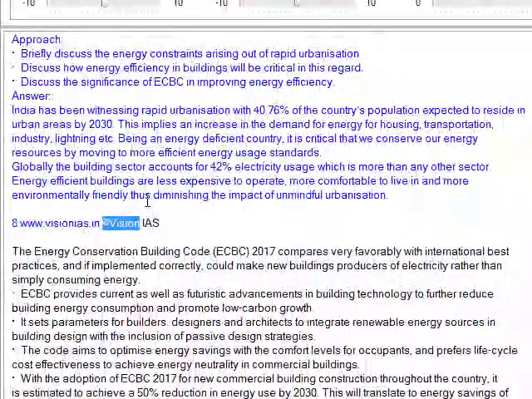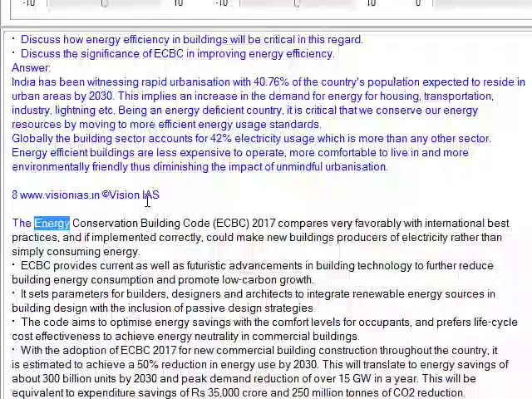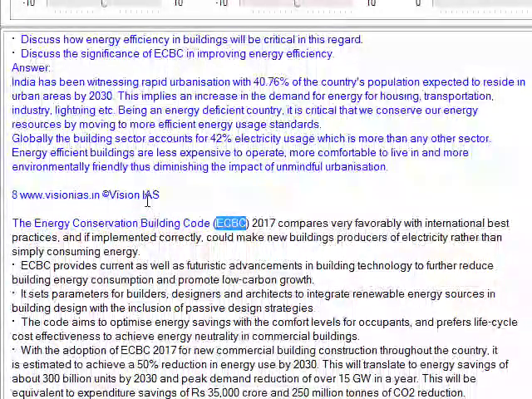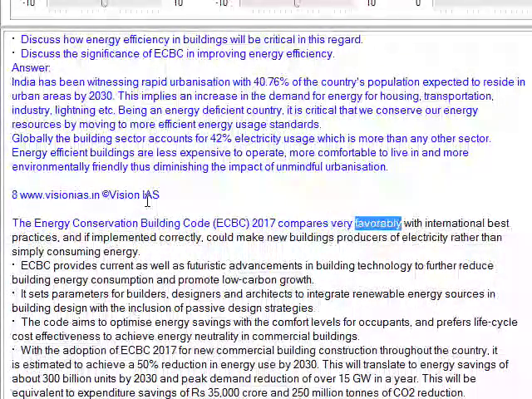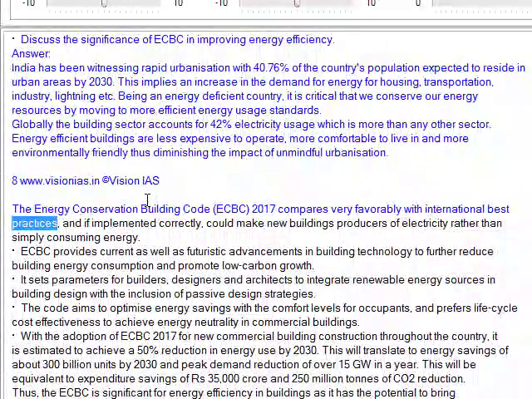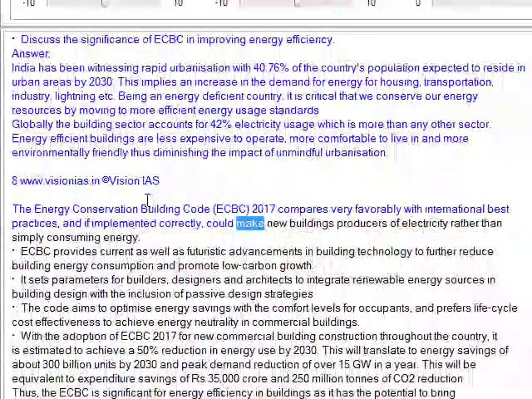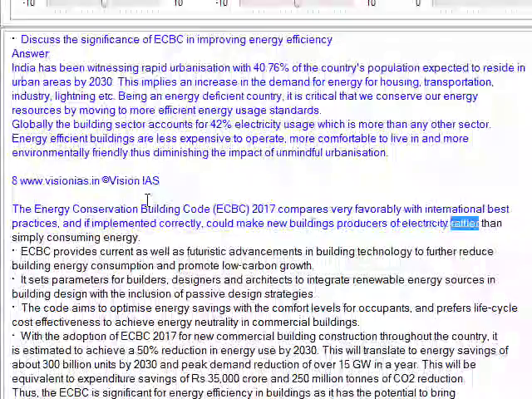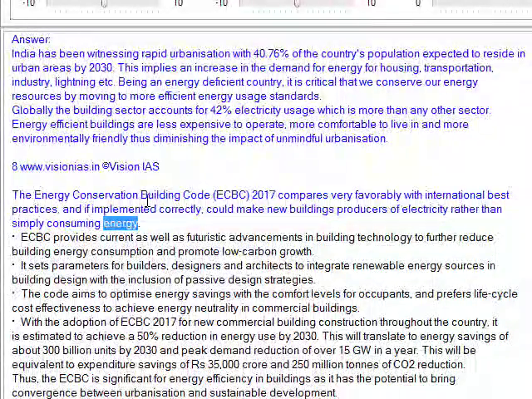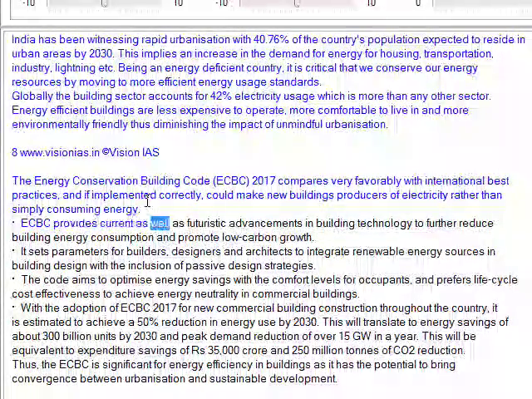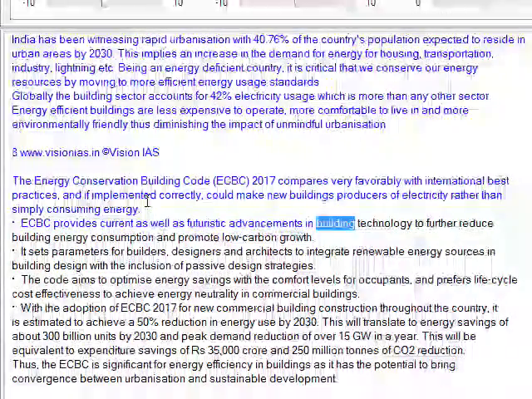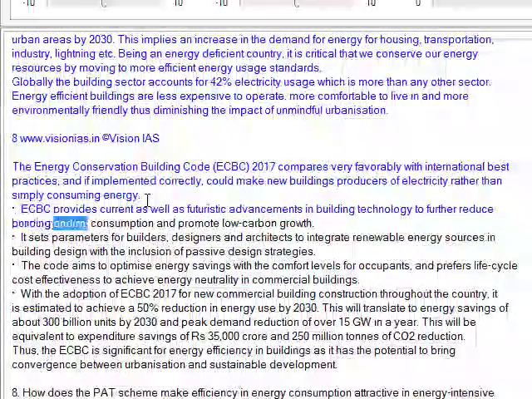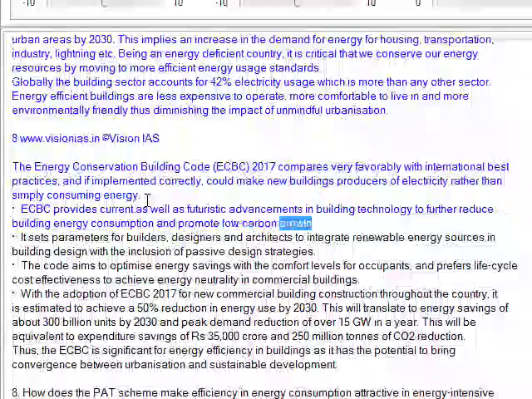The Energy Conservation Building Code, ECBC 2017, compares very favorably with international best practices, and if implemented correctly, could make new buildings producers of electricity rather than simply consumers of energy. ECBC provides current as well as futuristic advancements in building technology to further reduce building energy consumption and promote low-carbon growth.